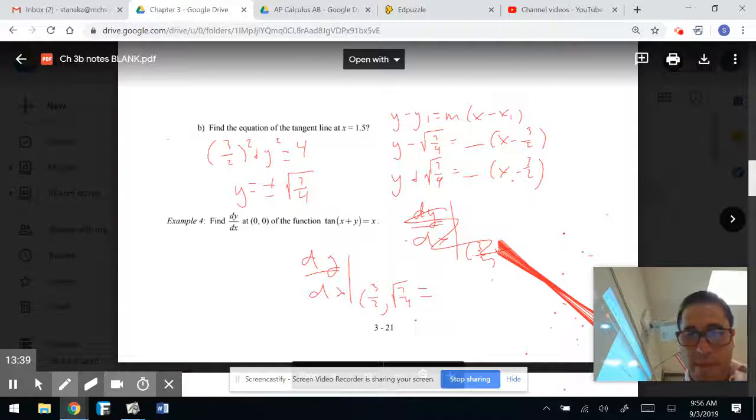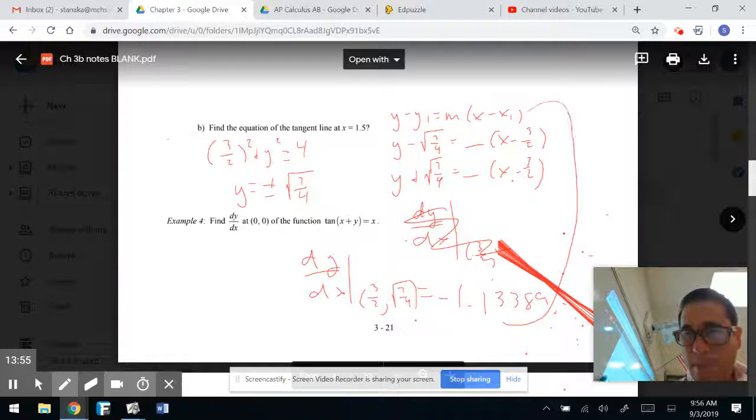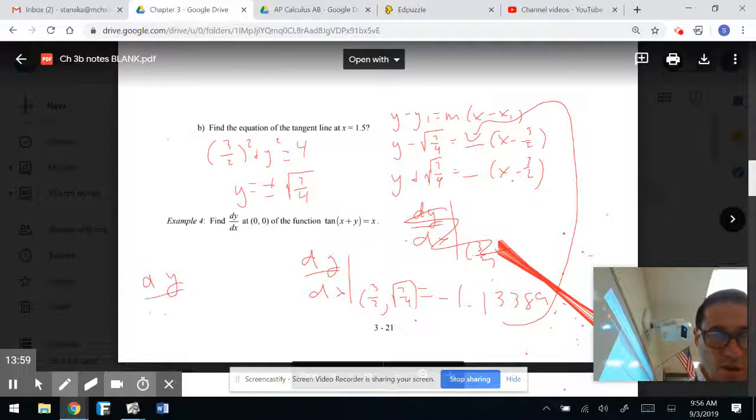And if we plug that into our derivative that we had written out a little bit earlier, and if we go ahead and do some math on that, I got a negative 1.13389. And I'm going to go ahead and put that into that one. Once again, class, it's all over the place. So we're making 2 videos out of this.